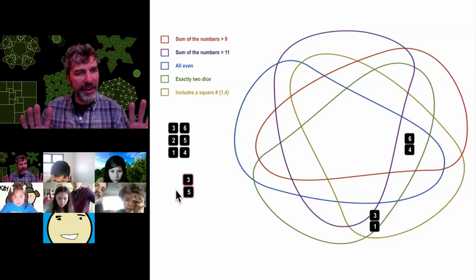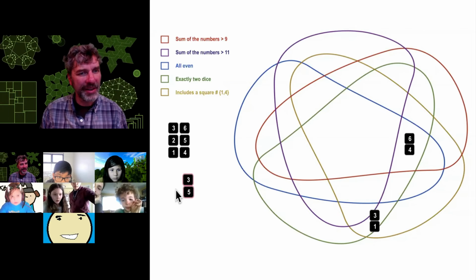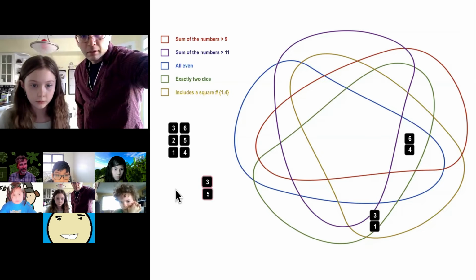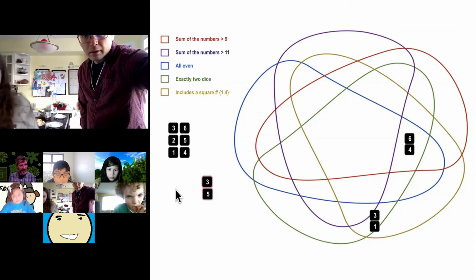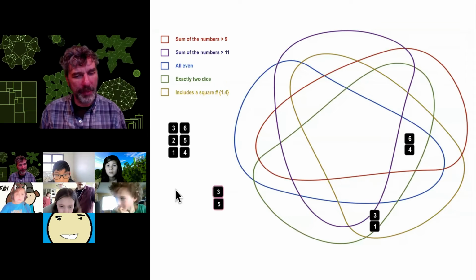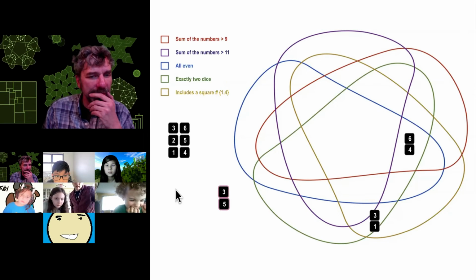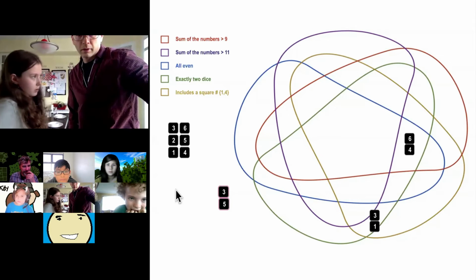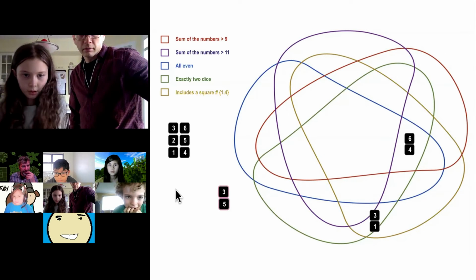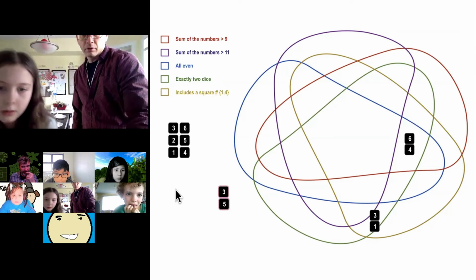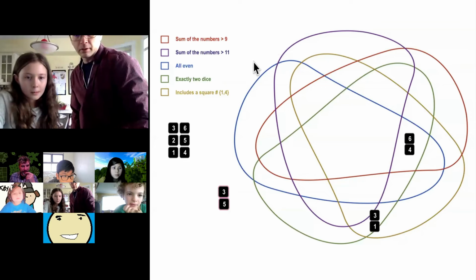Are all of them even? No. Yes, it is exactly 2 dice. And does it include a square number? No. Okay, so where does it go? Exactly 2 dice. Okay, so what does that mean for the diagram?